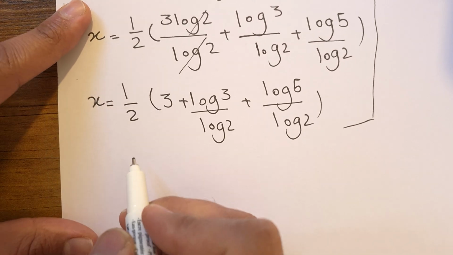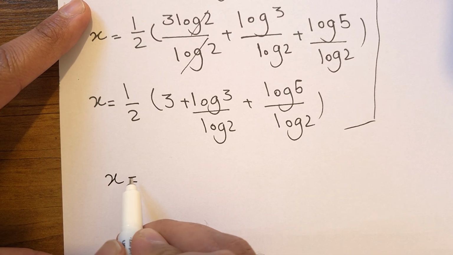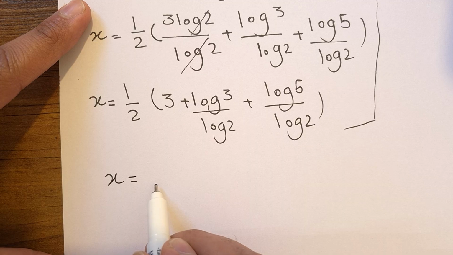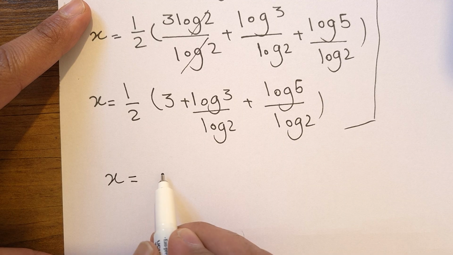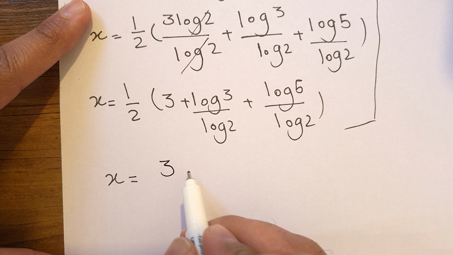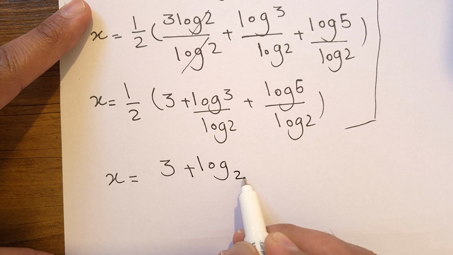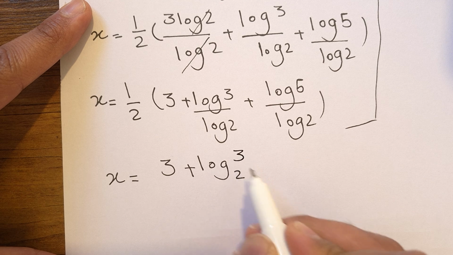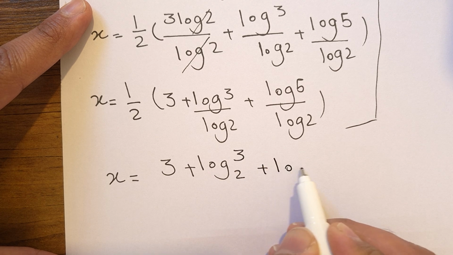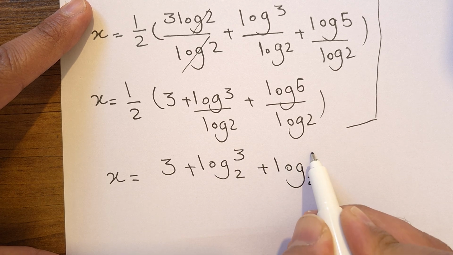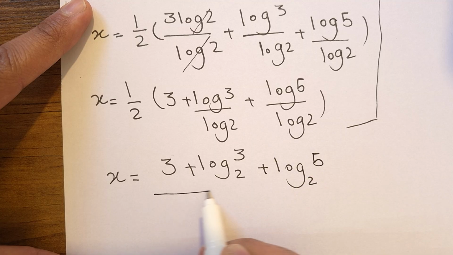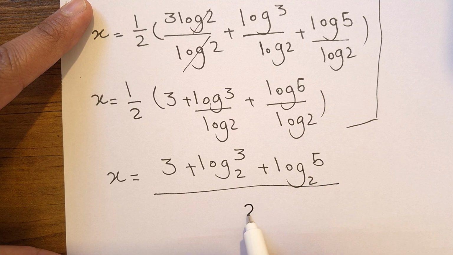So the final answer would be x equals 3 plus log base 2 of 3 plus log base 2 of 5, over 2, right?